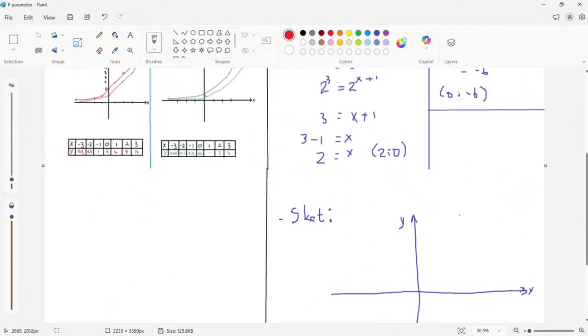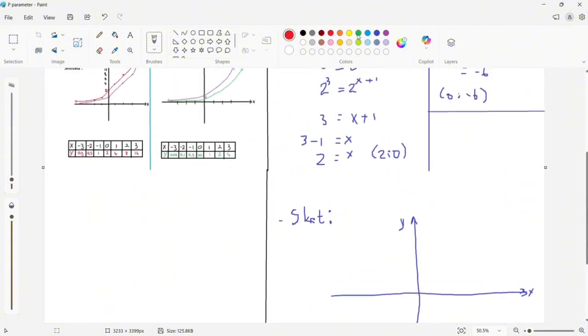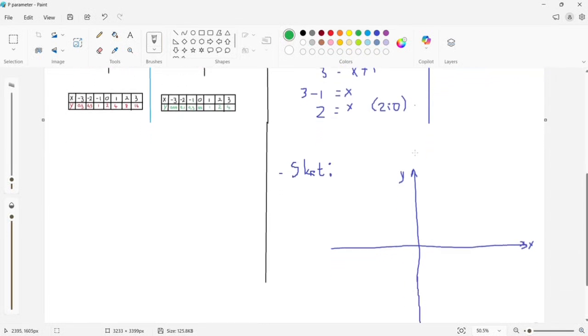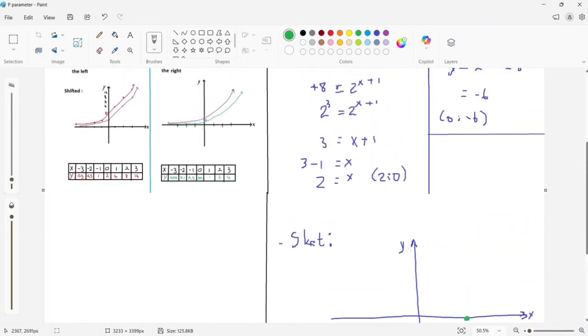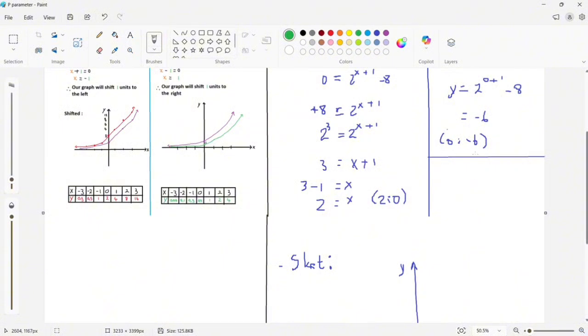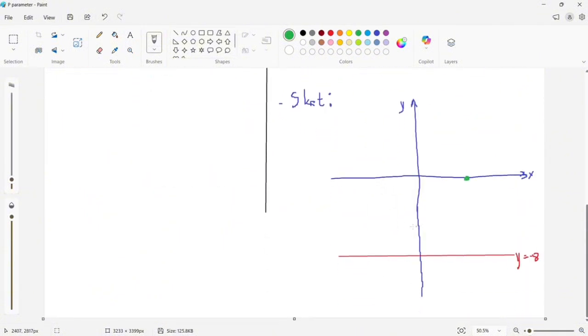Then I'm gonna use what color? Let's use green. And so we said the graph cuts our x-axis at 2 and 0. We're gonna say this is 1, probably this is 2. Really doesn't matter, guys, as long as you show the value of that.